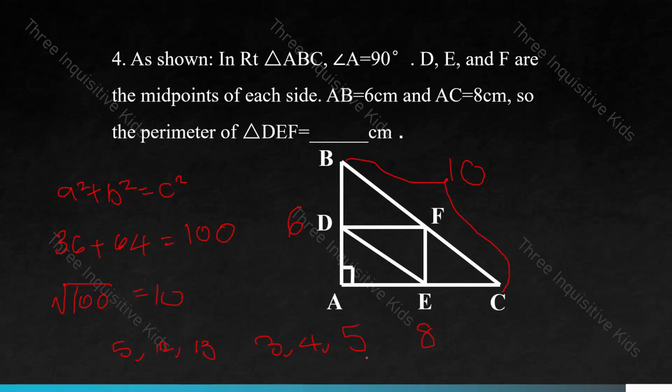These are perfect Pythagorean theorem number sets because they fit into the Pythagorean theorem without any decimals or fractions coming up. So in this case, we are actually using this set of numbers right here because 6 is just 3 times 2, 8 is just 4 times 2, and 10 is 5 times 2. So we can just add to find the perimeter of triangle ABC, divide by 2, and we have 12.